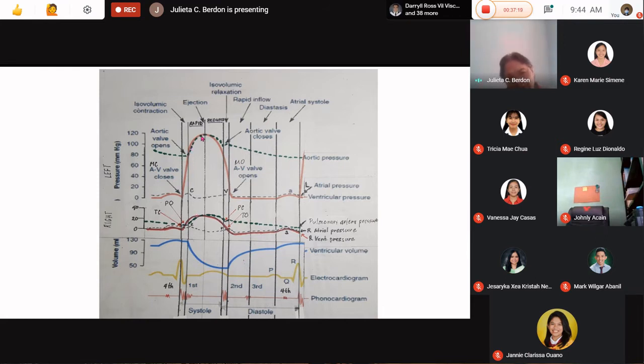So the minute the pressures in the ventricle and in the aorta are at their peaks, that will now be the end of the rapid ejection phase and the beginning of the reduced ejection phase. Okay. Any questions so far? Am I going too fast?